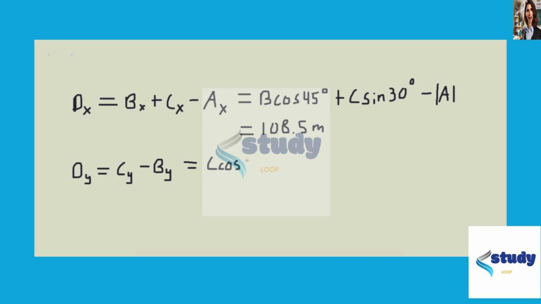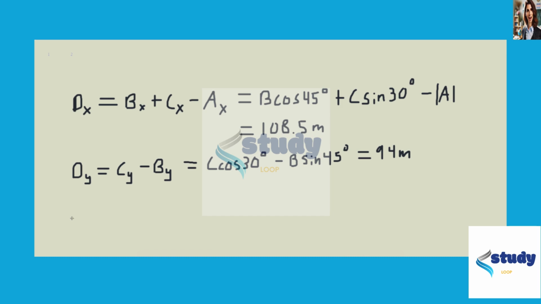So C times the cosine of 30 degrees minus B times the sine of 45 degrees. So plugging in those values, we find that D of y is equal to 94 meters.